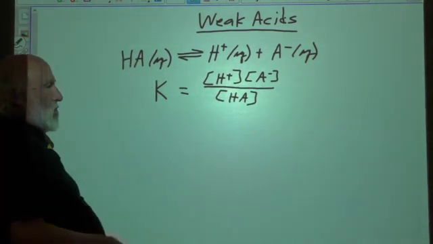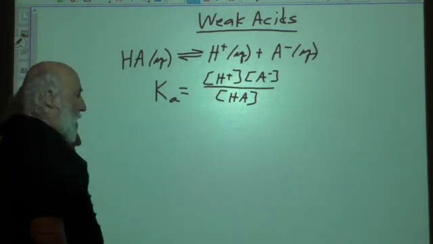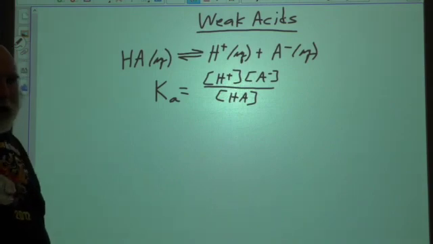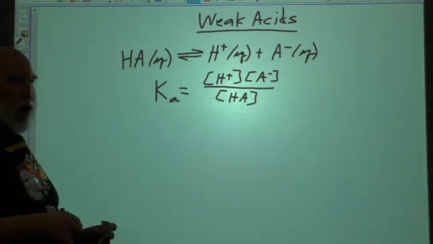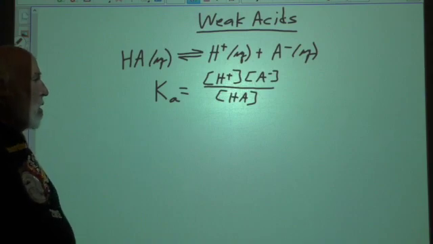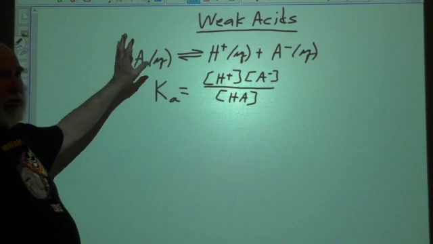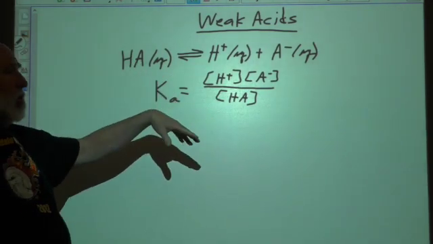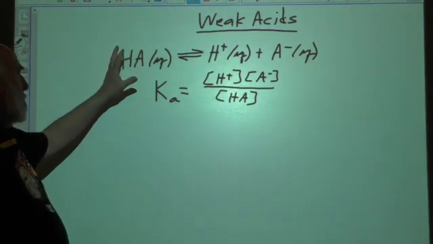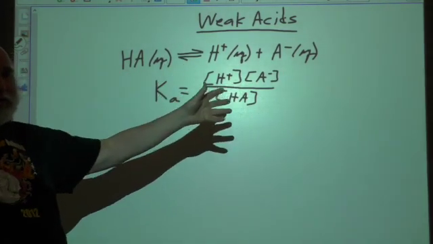And because this is dealing with acids, we use a lowercase a for that Ka, which means the ionization value for a weak acid. Now I'm going to be using this basic formula for all the acids because there's always going to be a positive part, which is H, and a negative part, which is whatever's left over, negative charge.